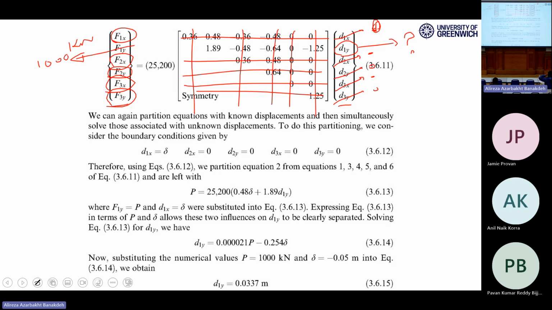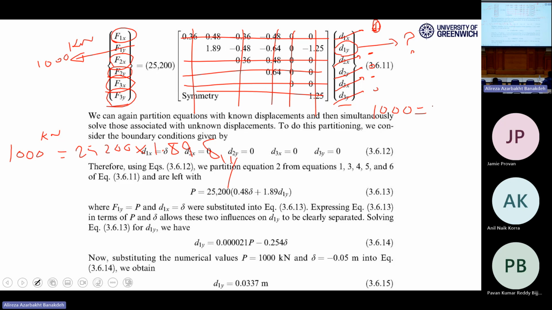Only the second line stays, and it says 1,000 kilonewton is equal to 25,200 multiplied by 1.89 delta 1y. And delta 1y can be calculated easily, right? And you know what the next steps are. It's exactly like the previous case.